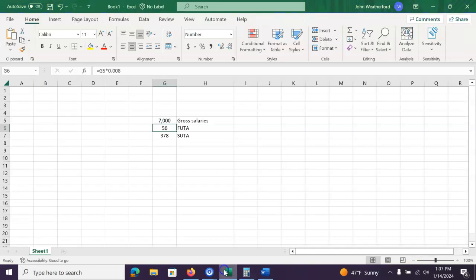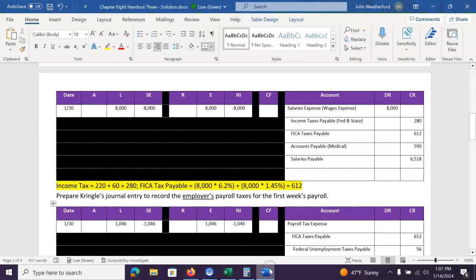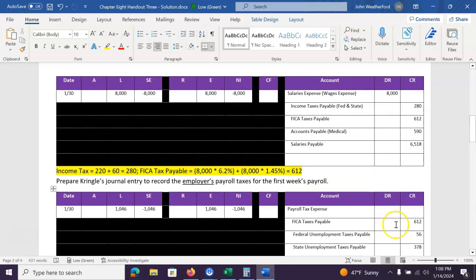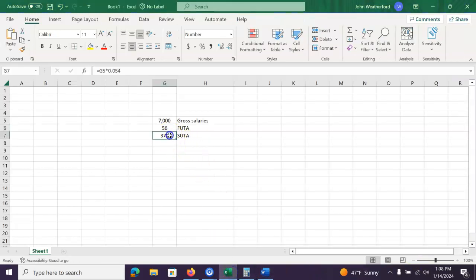Again, that's from here, right? Only 7,000 of their salary though, times the rate, because that's the annual limit of salaries or wages subject to the tax. And then we'll credit state unemployment tax payable for that 7,000 times the state rate, which we calculated here.